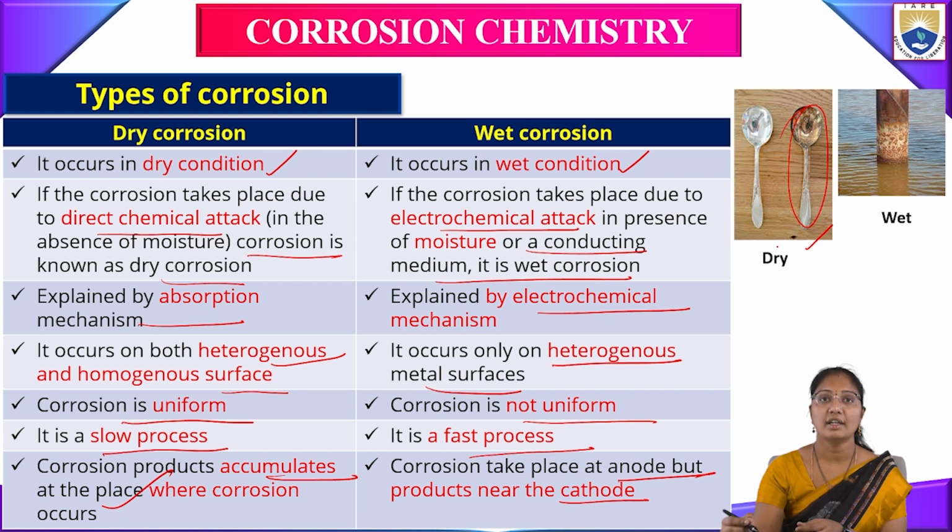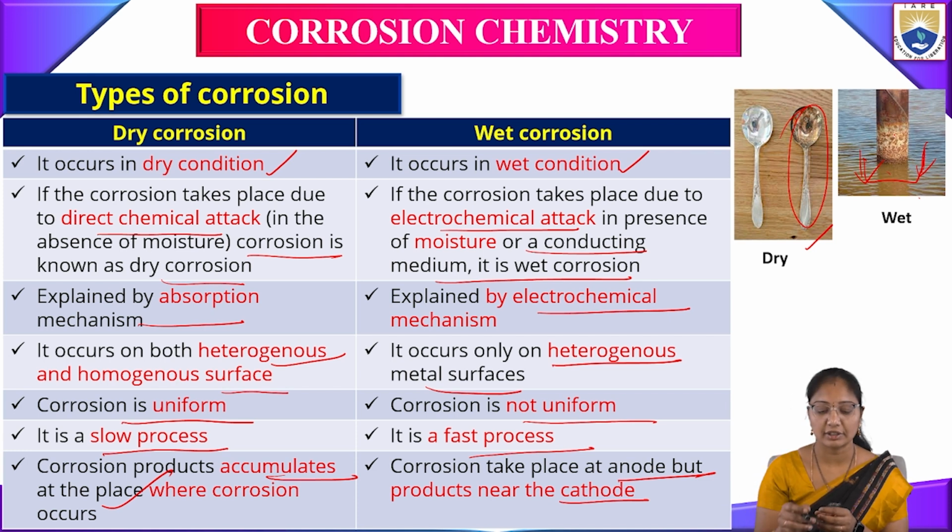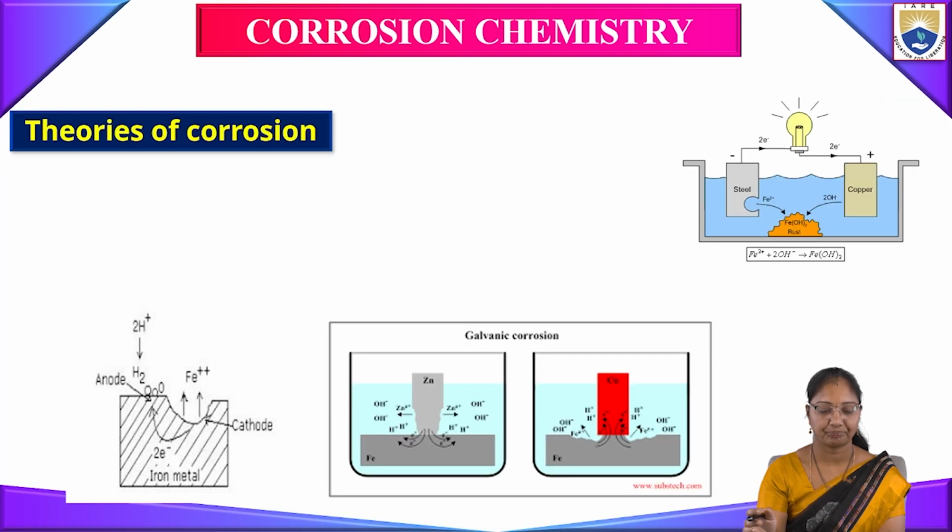Whereas wet corrosion is surrounded by water, or a medium called a conducting medium, which is the moisture condition. And we can see these are heterogeneous metal surfaces. It occurs only on heterogeneous metal surfaces, it is not uniform, and it is a fast process. We can see here the wet corrosion process.